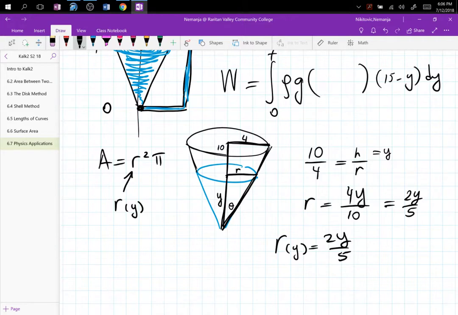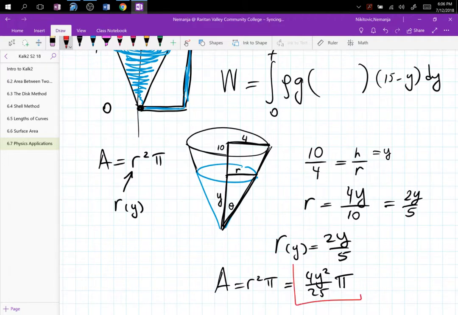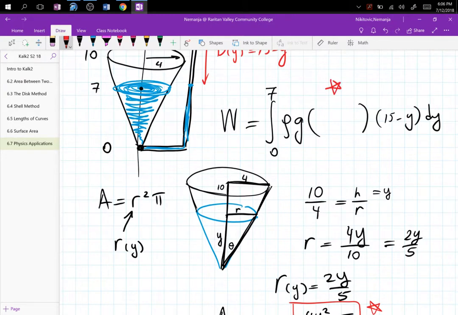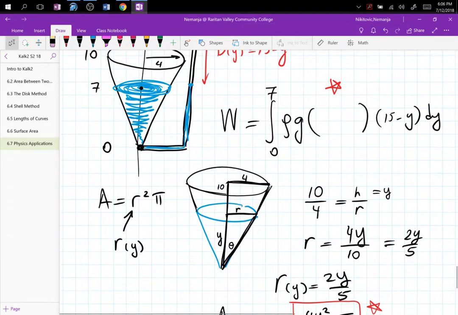So now, since area is radius squared times pi, that's going to be 4y squared over 25 pi. And now that gets fed over here, and we have our 4y squared over 25 pi.